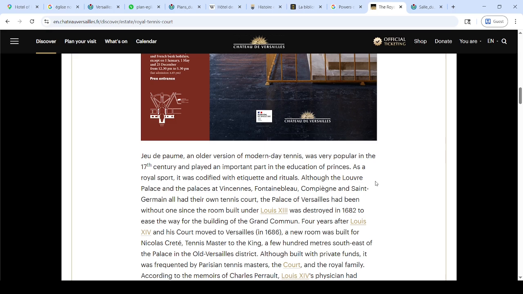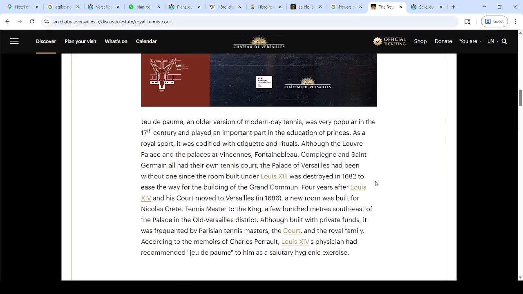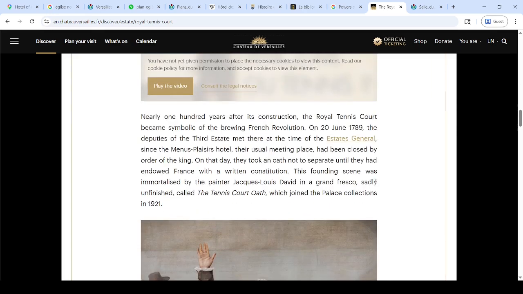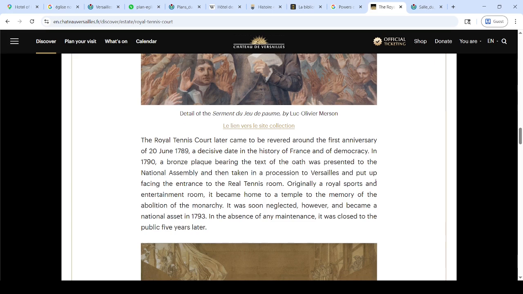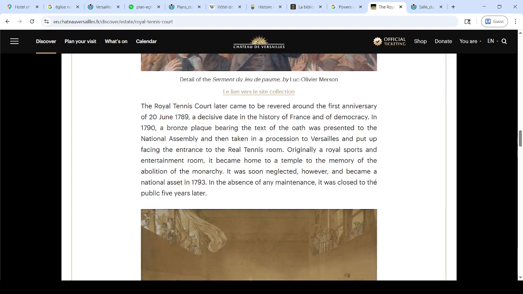It was an older version of modern day tennis. More information about the tennis court oath and the French Revolution. Yep, we can see some more of the history of it.